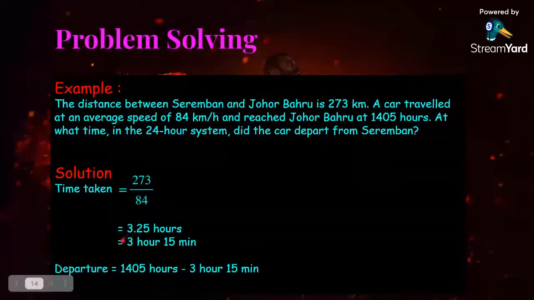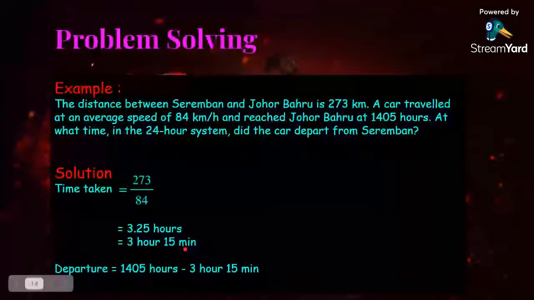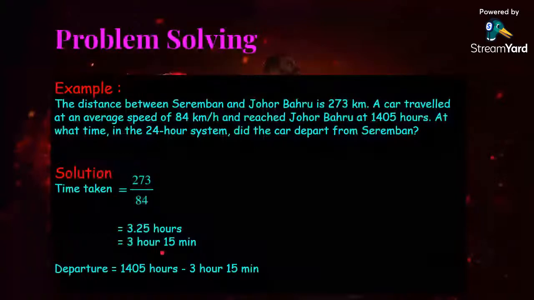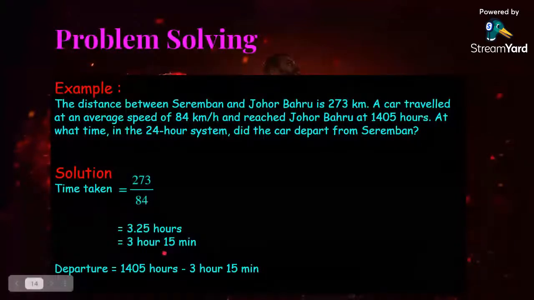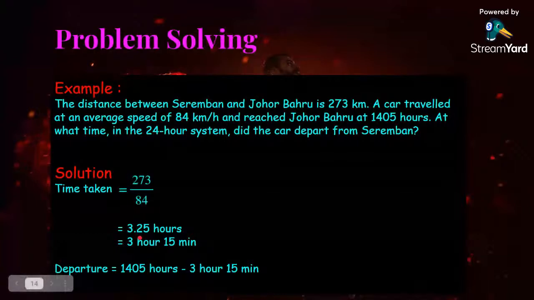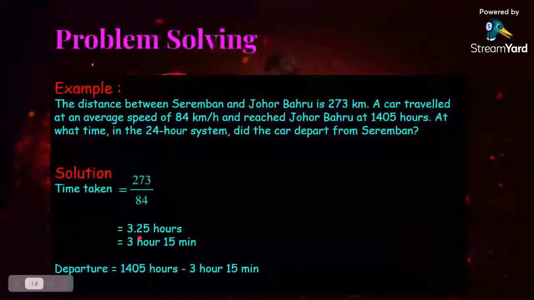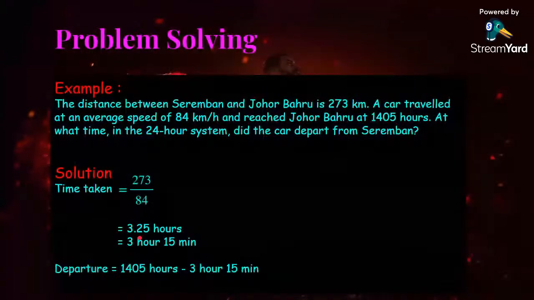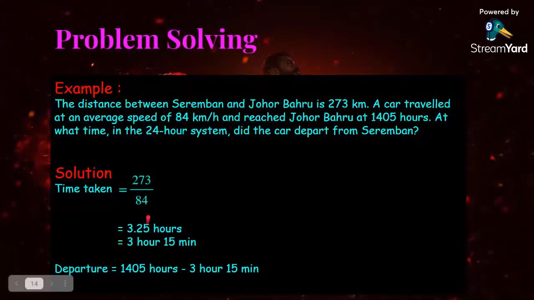Okay, tapi bila cikgu convert, saya convertkan dalam bentuk hour and minute, so you dapat like 15 minutes. Why? Okay, kerana kamu ingat 3.25 itu dalam bentuk perpuluhan. Bermaksud dekat situ 325 over 100. Okay, so kita nak dapat macam mana 15 minutes ni?